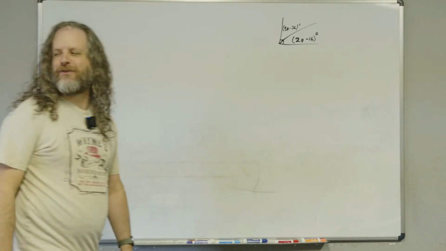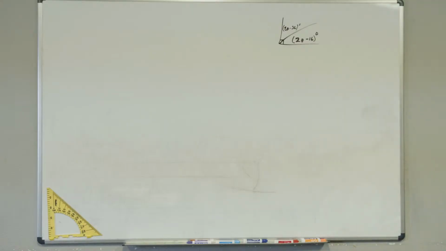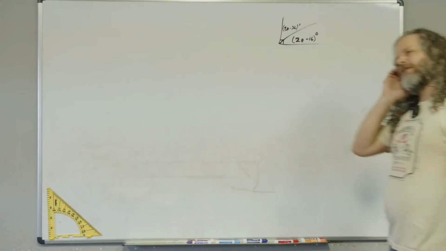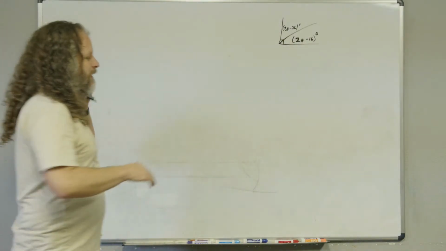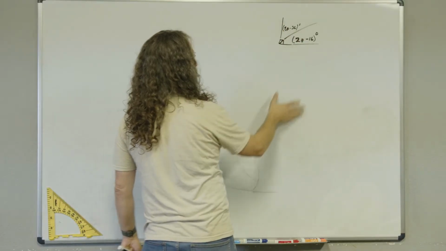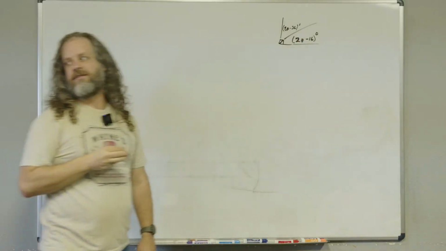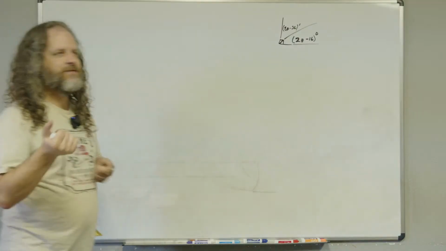They're all measure angle things. What's the word you're looking for? What's the word that goes with this picture? No, not supplementary. Complementary. Supplementary is on a straight line. Supplementary is for a linear pair going all the way across. This is not supplementary, it's complementary. What does complementary mean? They add up to 90.